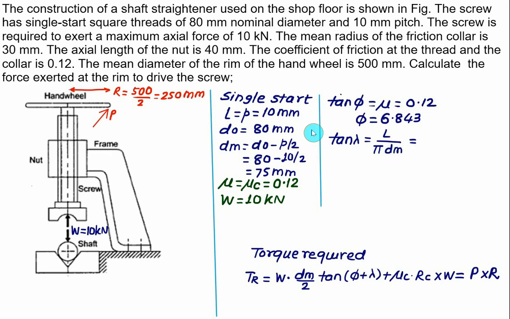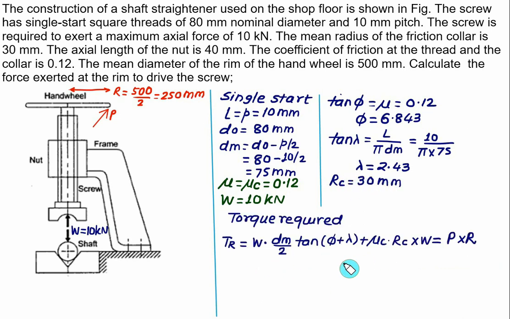Lead is equal to 10 divided by pi, and we have mean diameter equal to 75. Solve this, take the inverse, then we get the value of lambda equal to 2.43 degrees. And the radius of the hand wheel is already known to us, 250. So we know the value of W, we know dm, we know phi, lambda, and mu c is also known. The Rc value is given to us: the mean radius of the friction collar is 30 mm. So we have Rc equal to 30 mm.